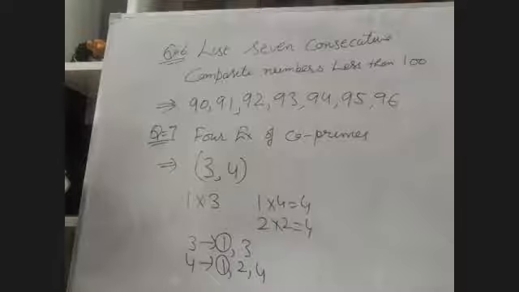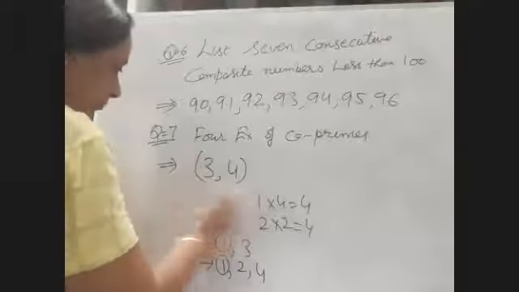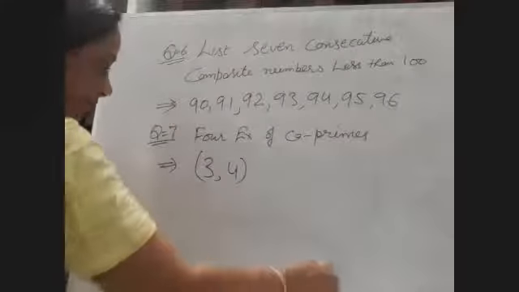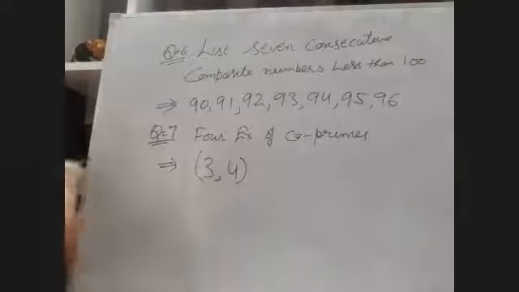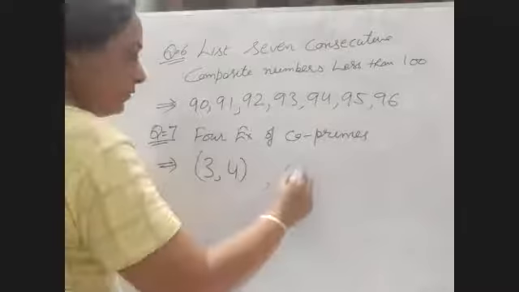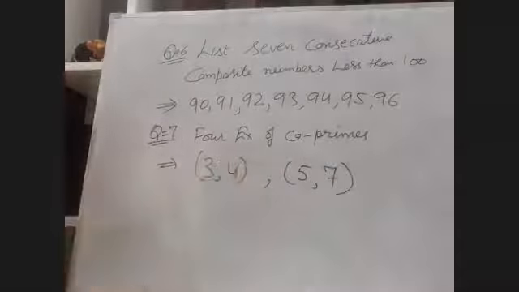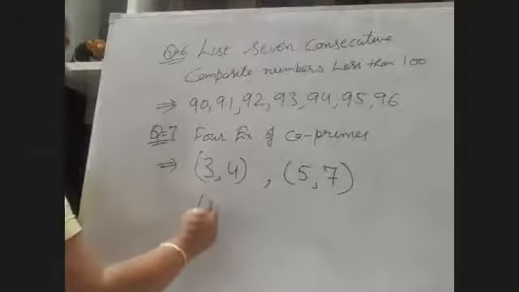Next is 5 and 7. Second example is 5 and 7. All factors of 5 are 1 and 5, and all factors of 7 are 1 and 7. So the common factor is 1. Next is 5 and 9.